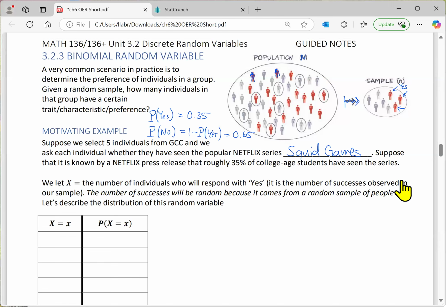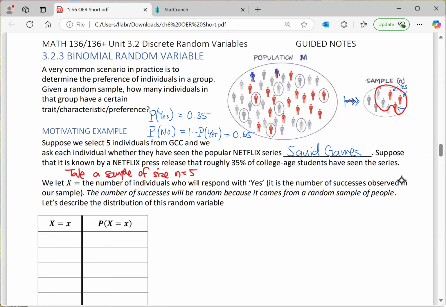So let's note that if I take a sample of size little n equals 5, I'm then interested in the number of individuals that are going to say yes. So again, we would pick just 5 individuals.